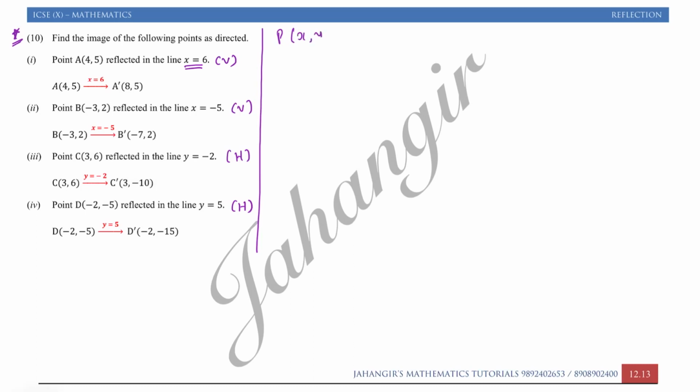If point P (x, y) is reflected in any axis which is vertical, let's say a vertical axis means x equal to a form, where a is any constant value, then P dash will become (2a minus x, y).